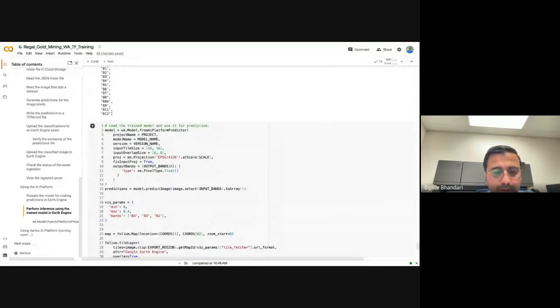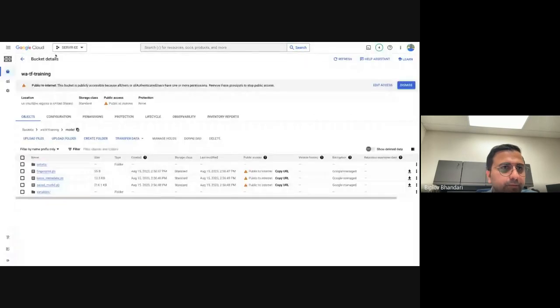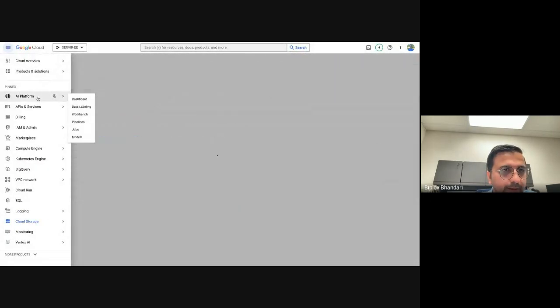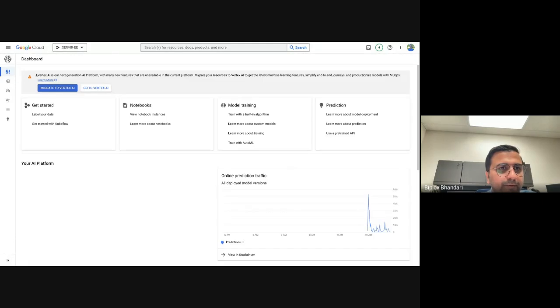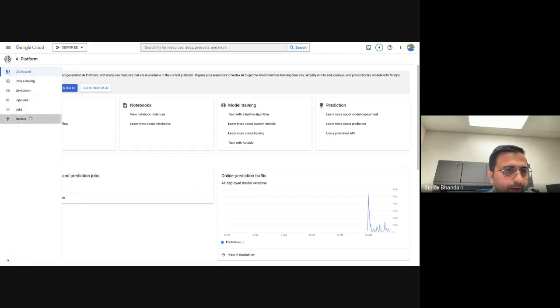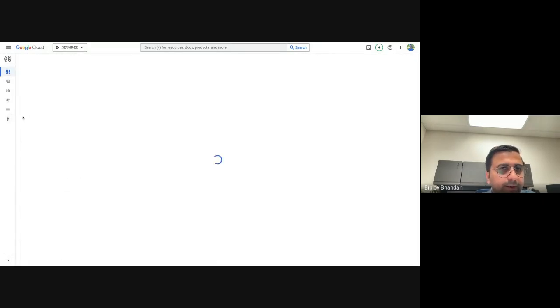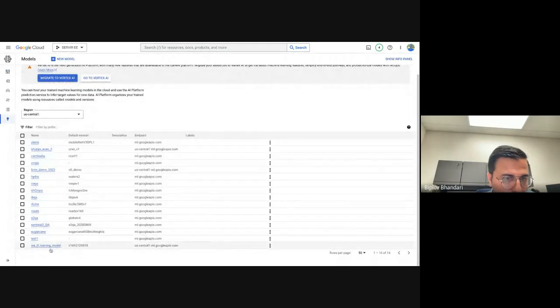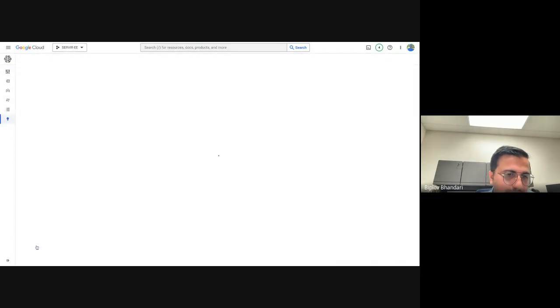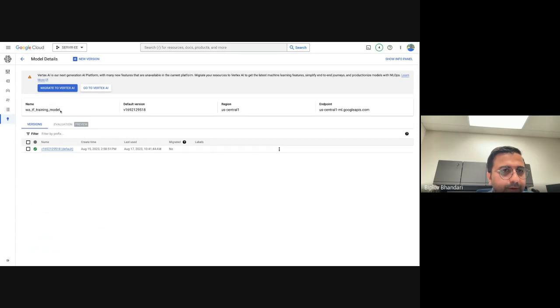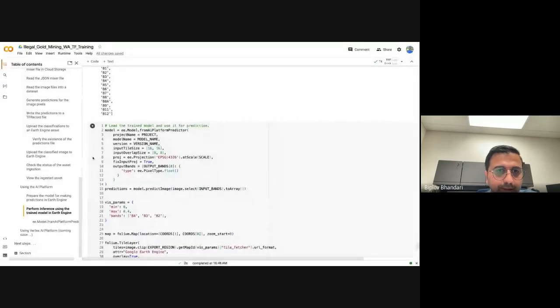Next, once you have your model hosted, if you go and look at the AI platform, and then go and look at these models, this is the WA_TF_ model. This is the model on our AI platform that we'll be using to make the inference on the Google Earth Engine side.